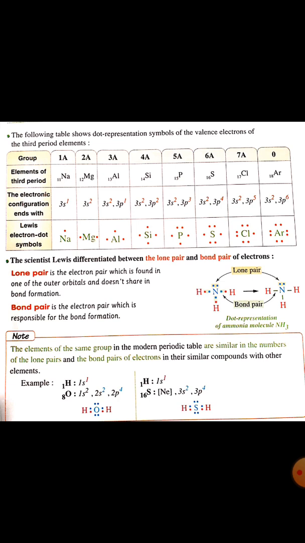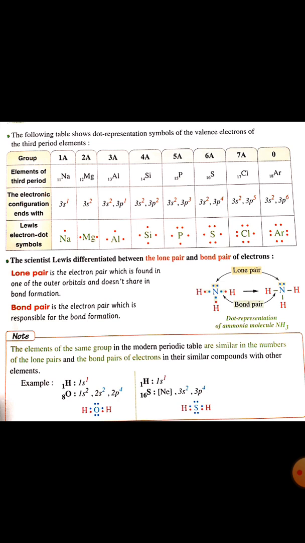Look, bond pairs of electrons are the electron pairs which are responsible for bond formation. We find them, as you can see here in this figure, forming what? The bonds.